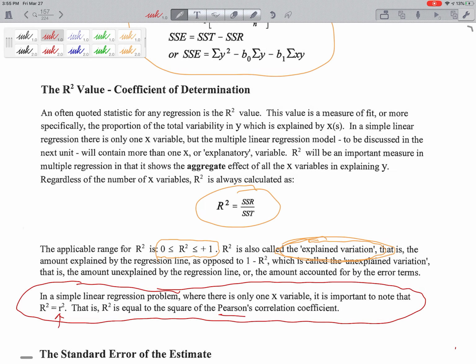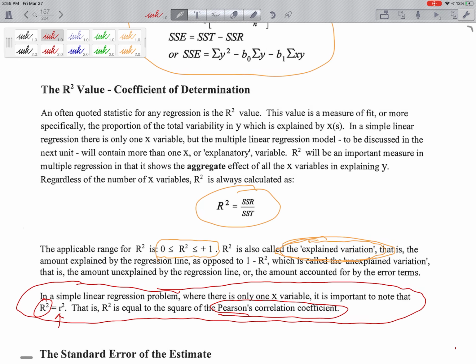And that's just the Pearson's correlation coefficient from Unit C. And if you square that, you'll get the R squared value. So that's a good relationship to know for a simple linear regression model, one x variable, one y variable.